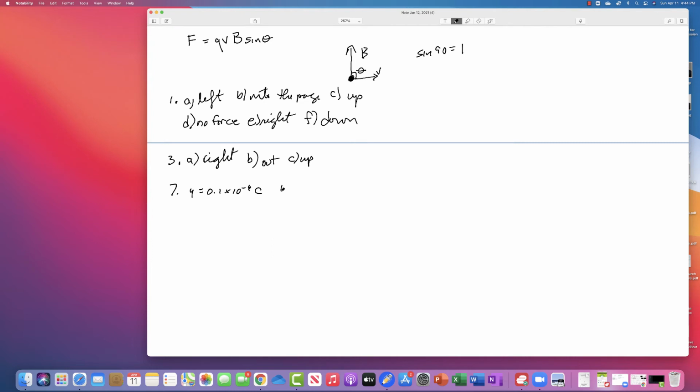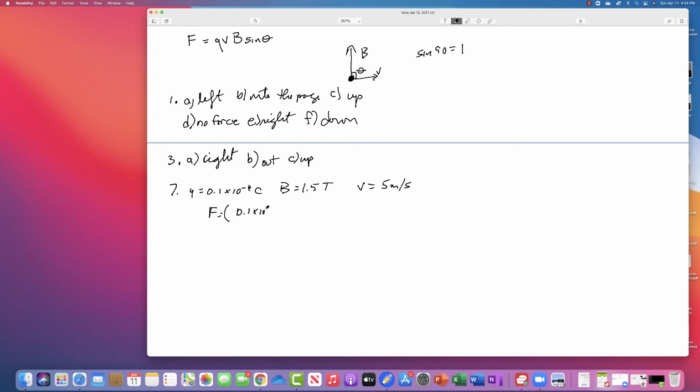The magnet is 1.5 Tesla, Tesla being the international unit for magnetic field, and V is 5 meters per second. And so we use this formula up here, and the sine of 90 degrees is 1, so we don't have to worry about that.